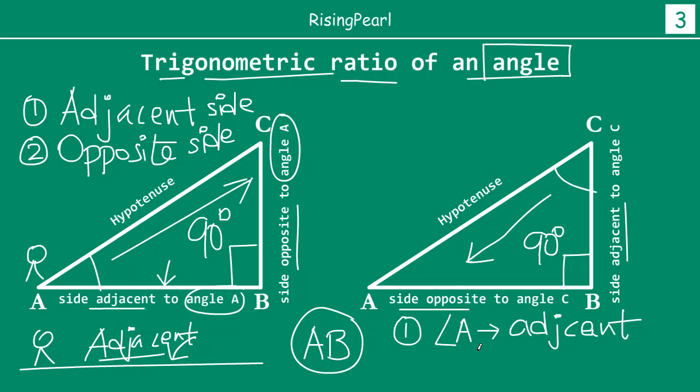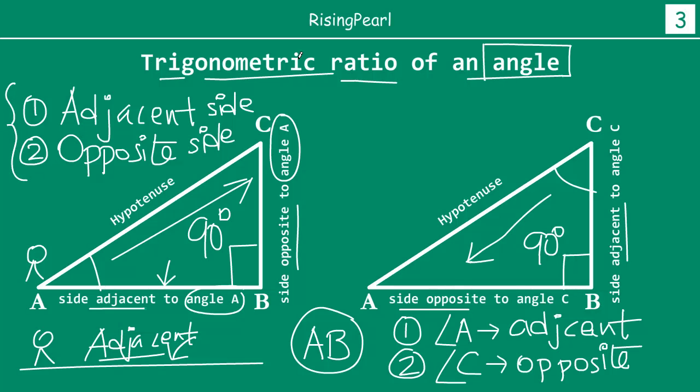AB was the adjacent side, but for the second case here for angle C, the same AB is now the opposite side. So the point I'm trying to make, friends, is that it is important to know these two things. Whenever we talk about trigonometric ratios, we are always talking about an angle. And in order for us to understand the angle, we really want to know the adjacent side for that angle and the opposite side for that angle, right?